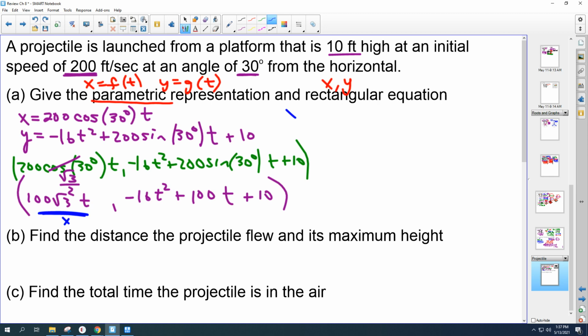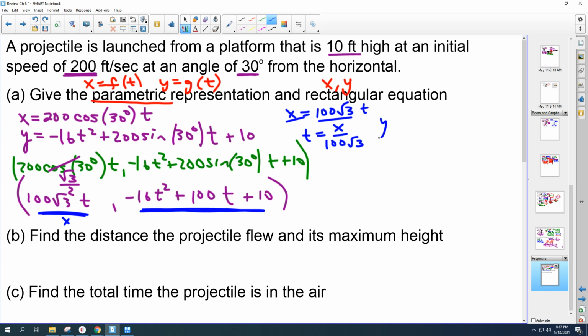And so we know that x is equal to 100 square root of 3 times t. We want to isolate t, so we're going to divide by this number, 100 square root of 3. So t equals x over 100 square root of 3. That's what t equals. We're going to take that t and plug it into the y equation from our parametric.